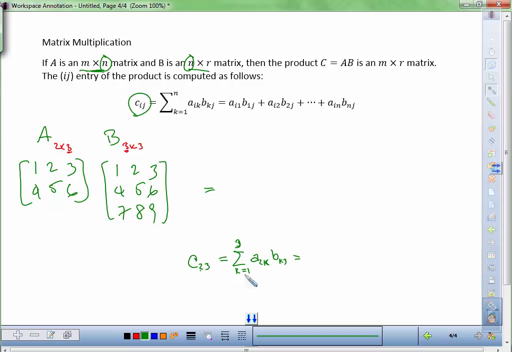So now just focusing on this, k: this is A21, B13, plus A22, this is when k is equal to 2, B23, plus A23, B33.